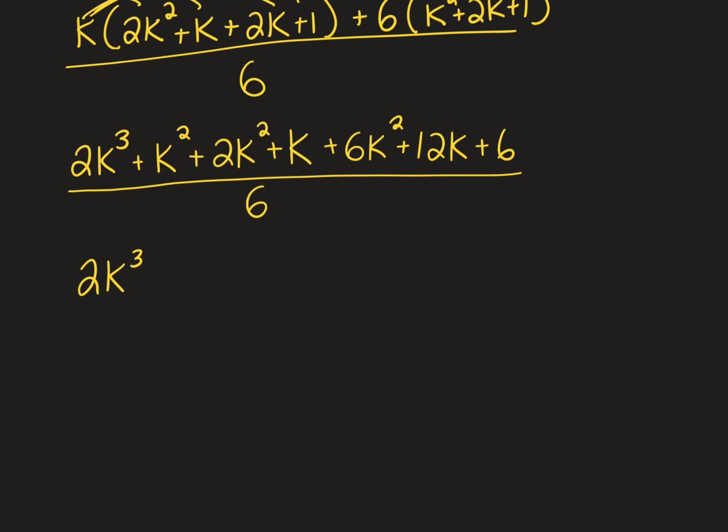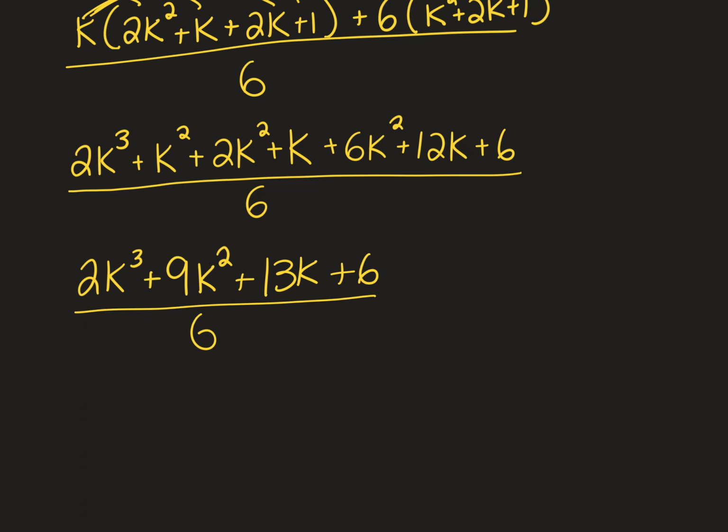Is that 9k squared? And then our k terms, so we've got plus k plus 12k, so that's 13k, and then plus 6. That's about as good as I can get it on that left side.